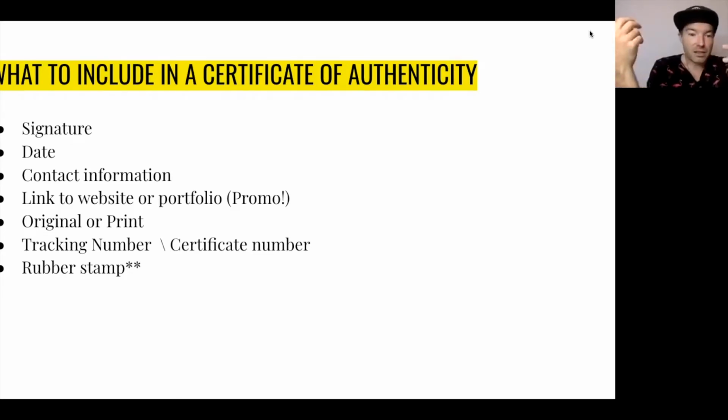And then if it sells through a gallery, you can say sold through Vancouver Fine Art Gallery. If you sell it on your own, you can say sold to Ollie, and then put their contact information. So then you can also keep track of where your work is.